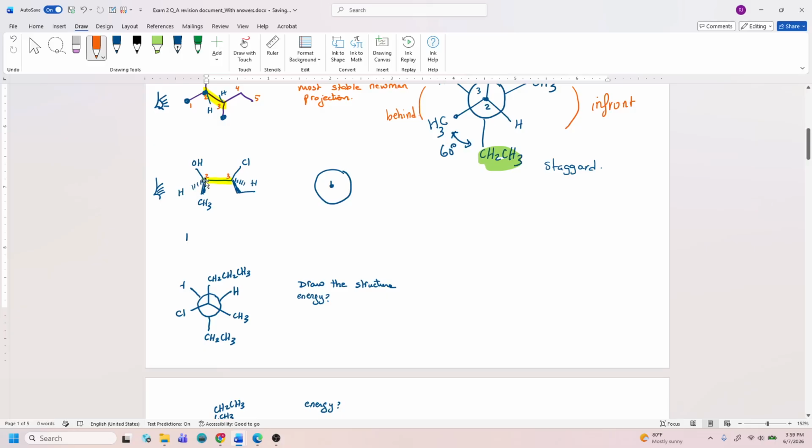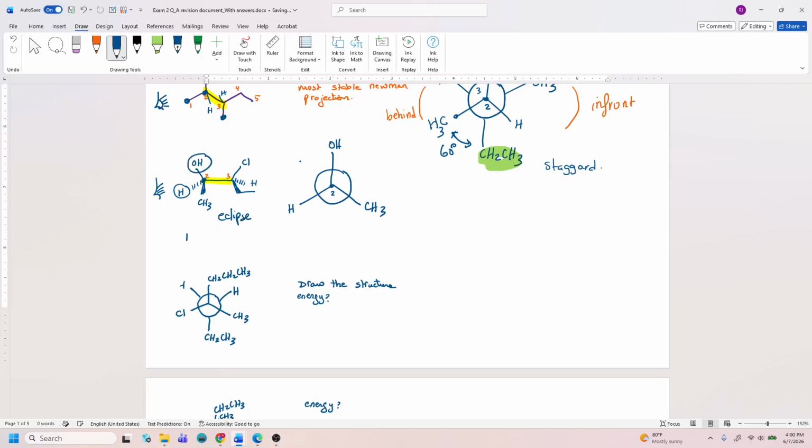If you are seeing the stereochemistry of this chiral center, then you know that this CH3 over here, since it is in front, is going to be in front. And this hydrogen there is behind, so it's going to be on the side over here. And this is going to be your OH. So that's going to be carbon number 2. Carbon number 3 is at the back, and I want it to be eclipsed, because this is the structure of the eclipse in there.